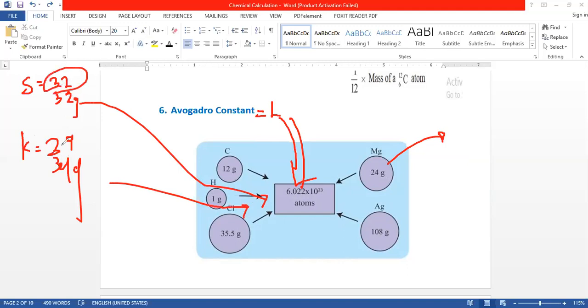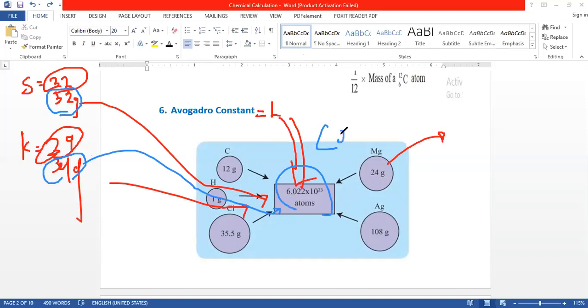We take the same number in gram, the same value in gram, and that has the same number of atoms or molecules, which means this is a constant value.